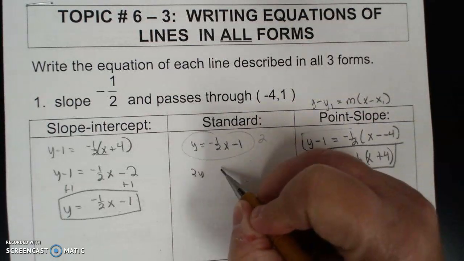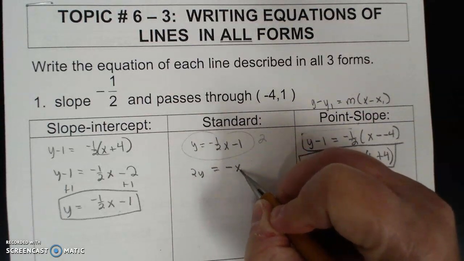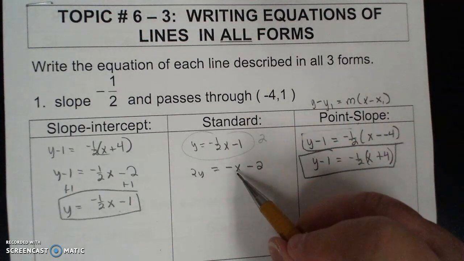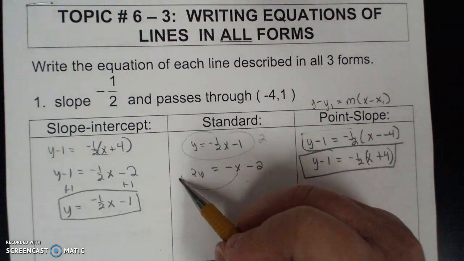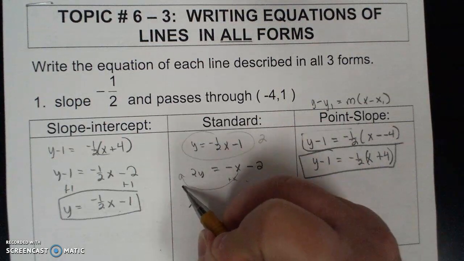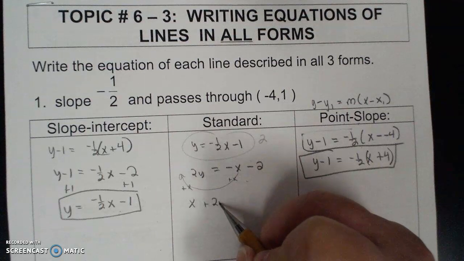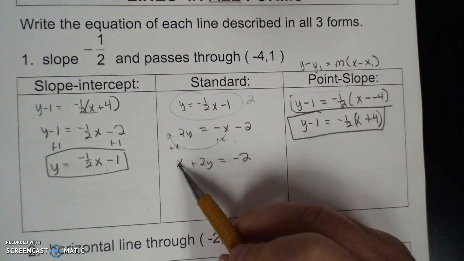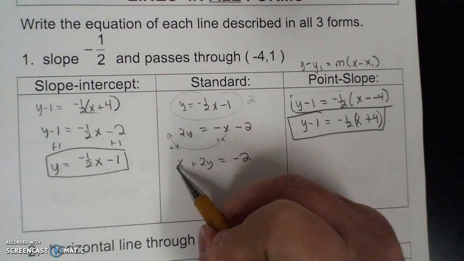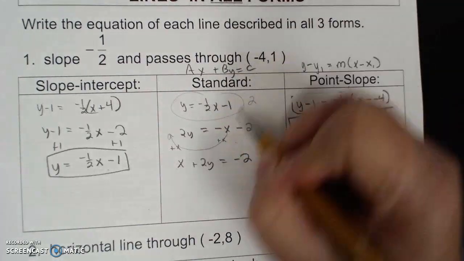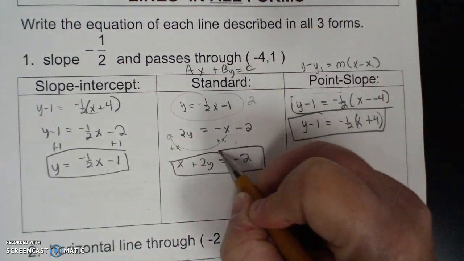So that's 2y equals negative x minus 2. This time I'm going to pull my x by adding x to both sides: x plus 2y equals negative 2. Leading coefficient is a whole number and positive, and this is in the form ax plus by equals c. So I have finished this problem.